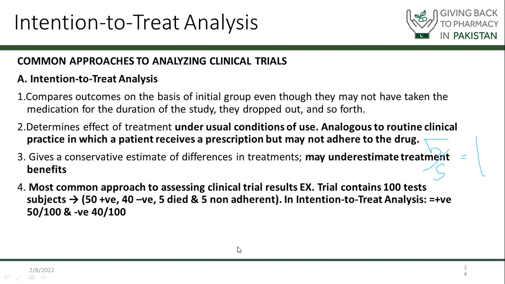Whether I have to include them or exclude them. If I include them in the result, this is intention to treat analysis. My intention is to treat. Just for the sake of remembrance, my intention is to treat these 10 people.